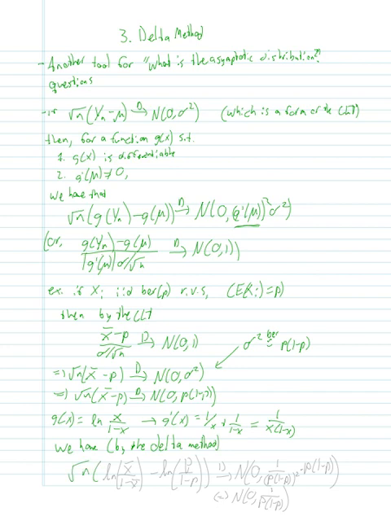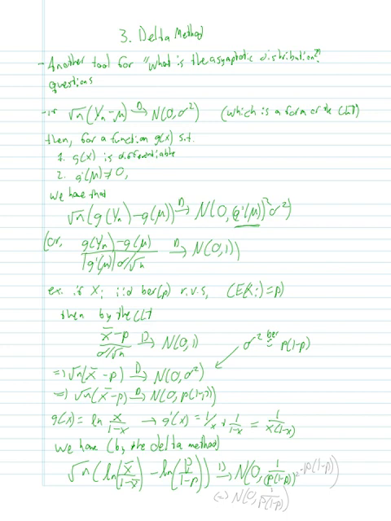finally getting to use the delta method, square root of n times ln of X bar over 1 minus X bar, because we're plugging in X bar to our function g of x, minus ln of p over 1 minus p, because we're plugging in our p into our function g. And this converges in distribution to a normal random variable with a mean 0 and variance equal to 1 over p times 1 minus p, all squared.